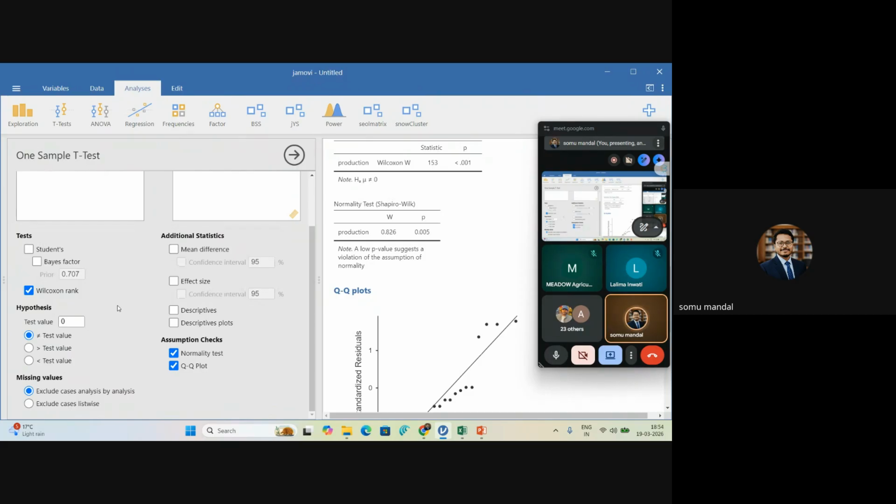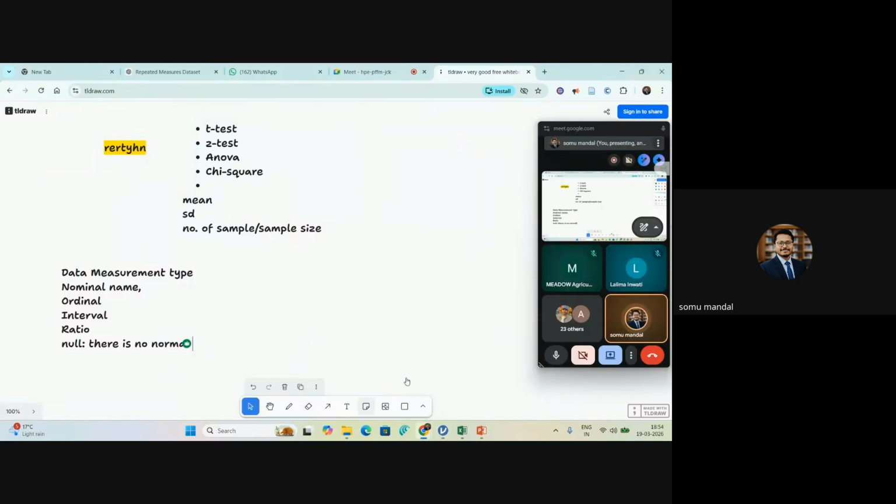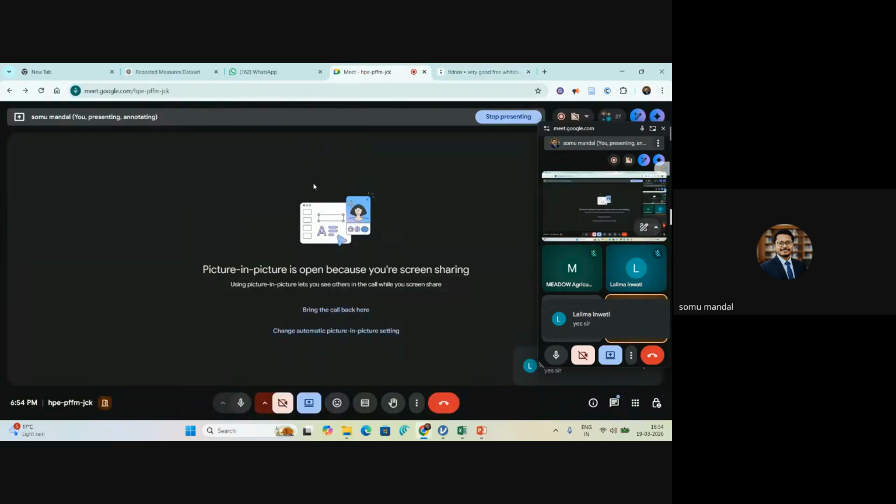Is it clear? Please write down in the chat box, please. Then I move forward in details on each and every analysis. Please write down in your chat box whether it is clear or not. It gives me more motivation.